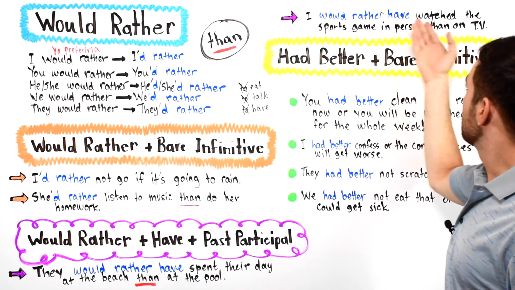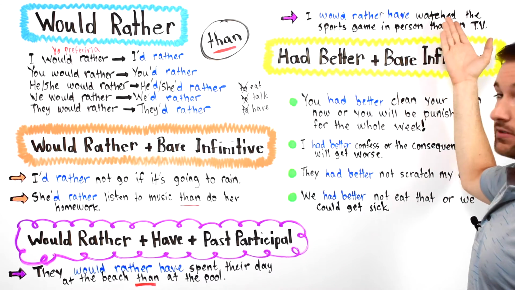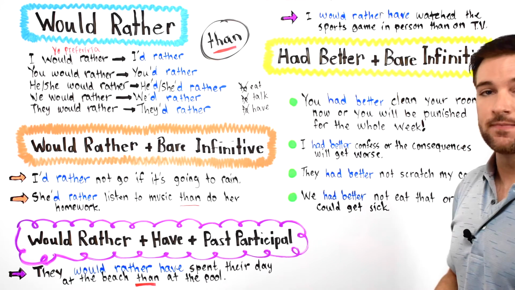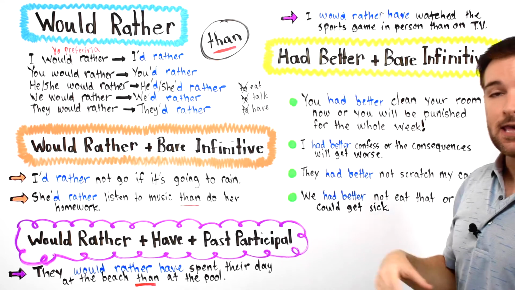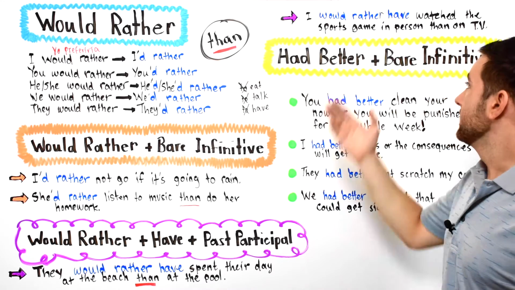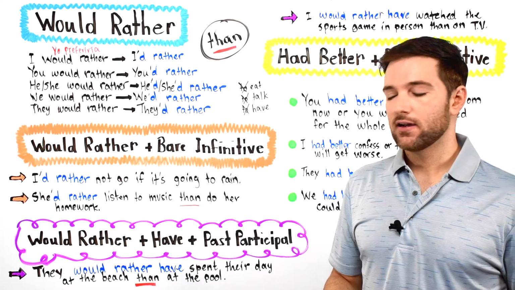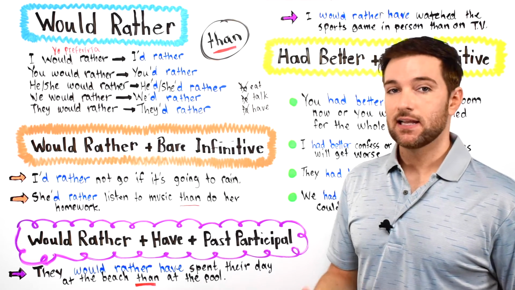Visto is the past participle of the verb to watch. Okay, visto, watched. Los deportes, sports game, en persona que en la televisión. In person than on TV. So, yo preferiría haber visto los deportes en persona que en televisión.